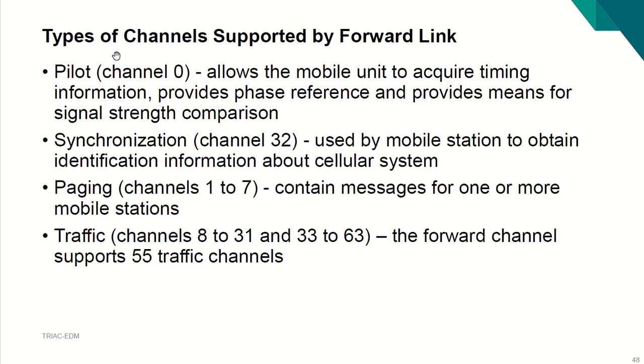Then the types of channels supported by the forward link. Pilot: the pilot allows the mobile unit to acquire timing information. This is very important because when people communicate, they need timing information.